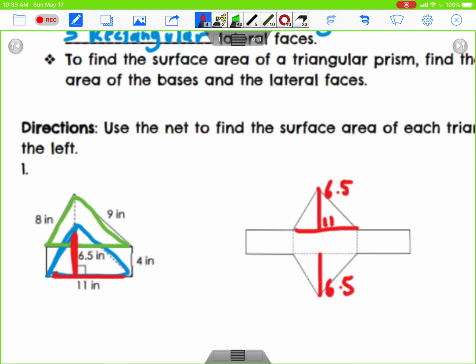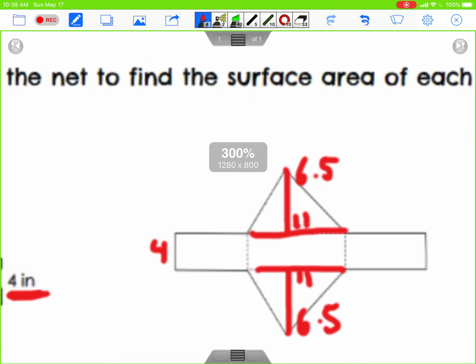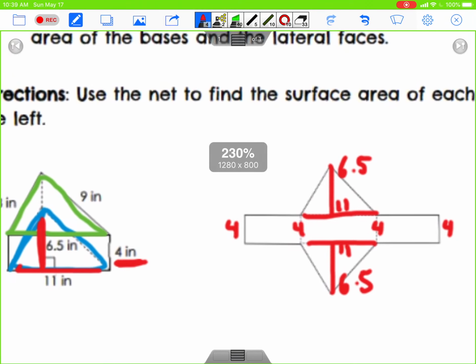Now I want to go to my next smallest number, which is 4 here. The smallest number is going to match up with the smallest side. So that means it's going to be a 4 right there, a 4 right here, a 4 right here, and a 4 right there. Pretty simple.